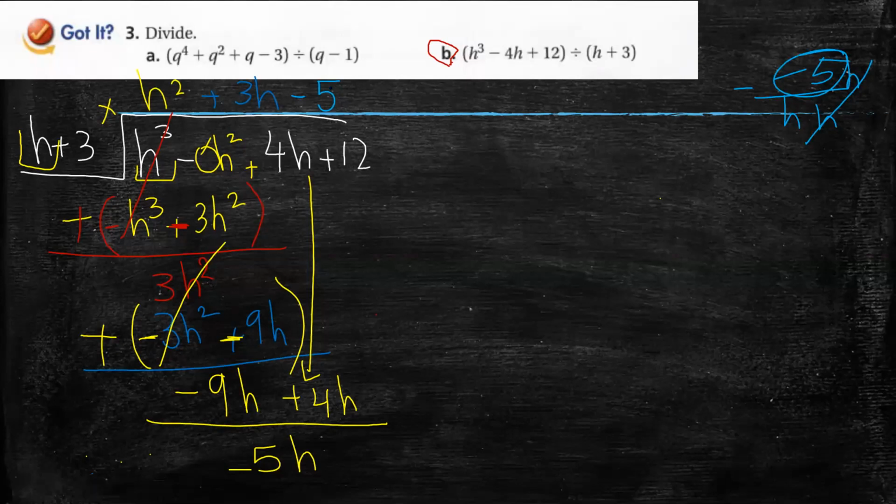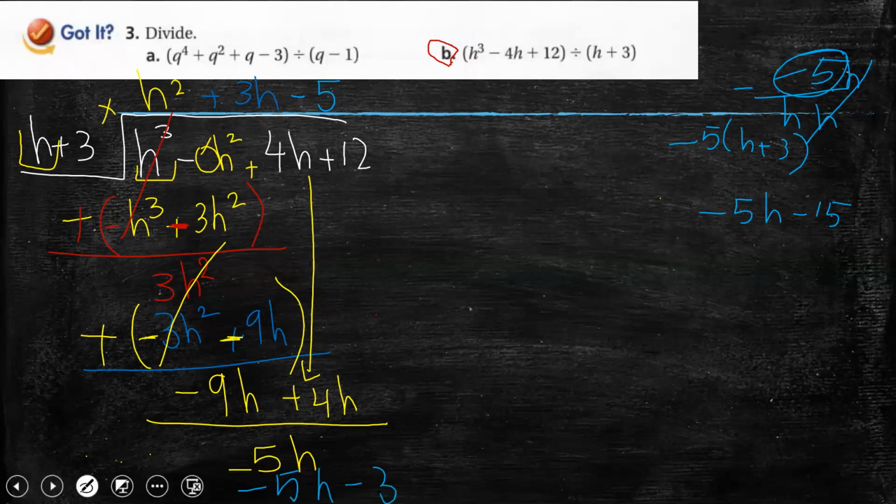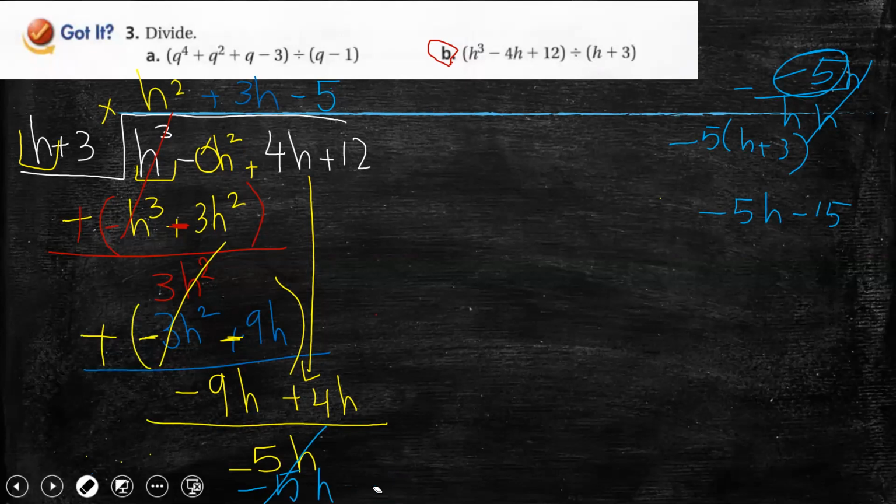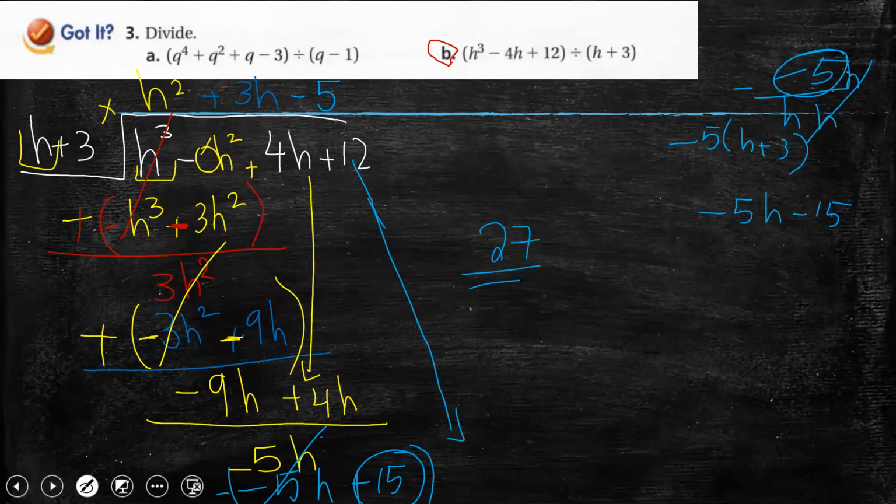Then multiply negative 5 by the whole term, which is negative 5h minus 15. So we have negative 5h minus 15. Cancel each other. Here we have minus, change the sign. So we have positive 15. Then add the 12. 15 plus 12 is 27.